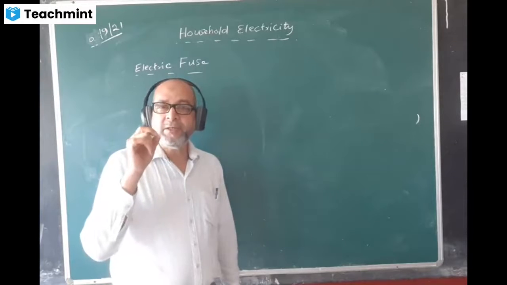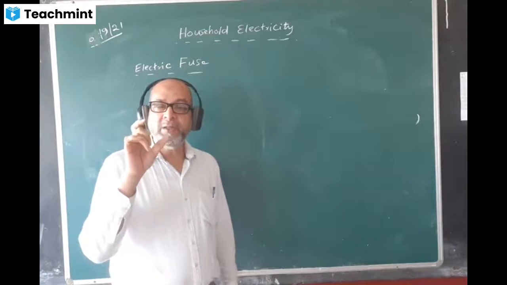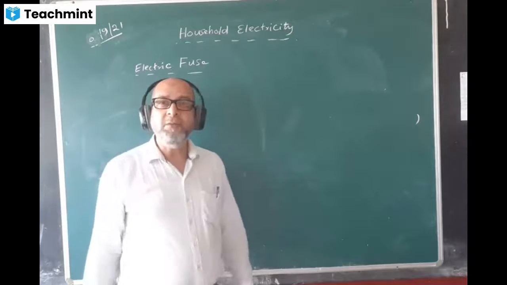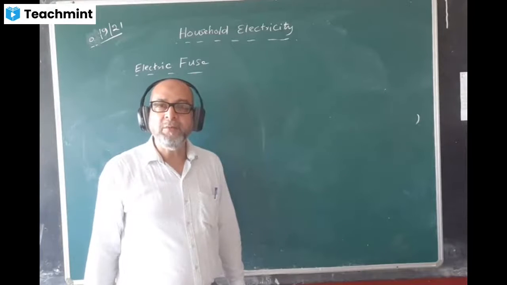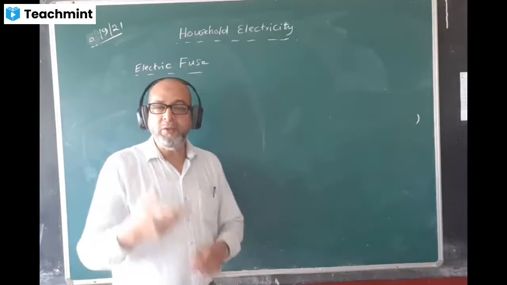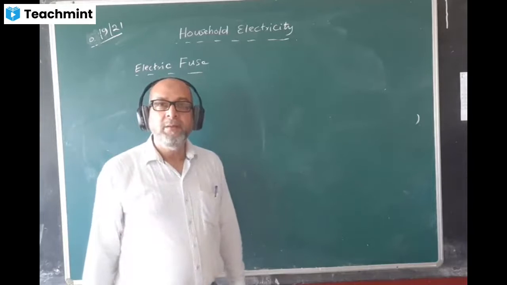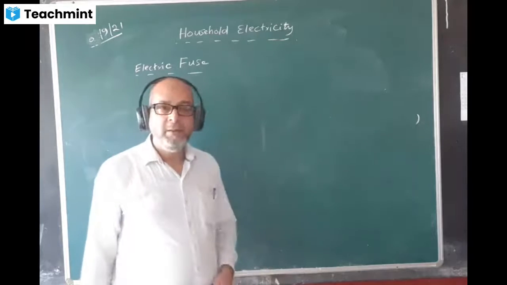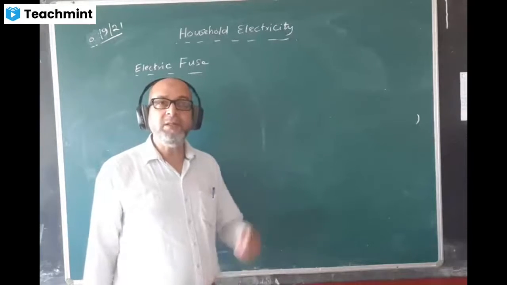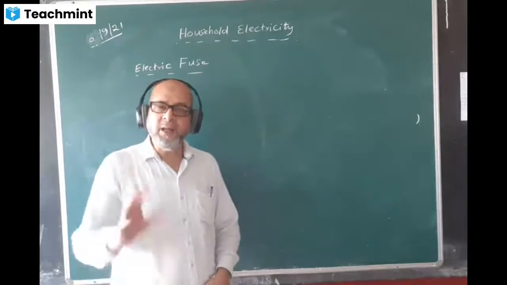Sometimes the wire melts and the connection goes, if there is a very high current running. And we replace the wire. It's the same with an MCB also. The MCB's role is the same as this one. The role of fuse. MCB is a kind of fuse only.